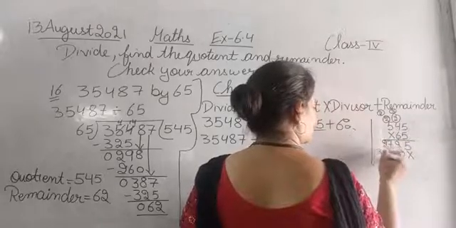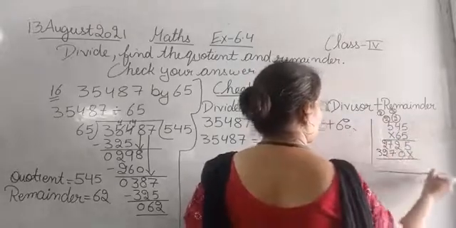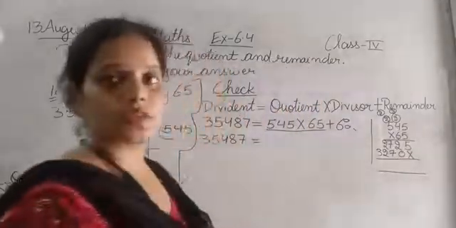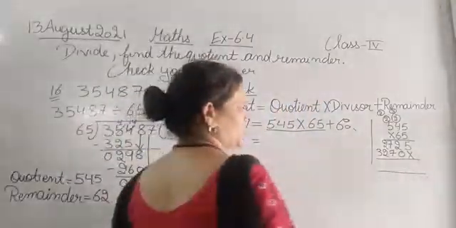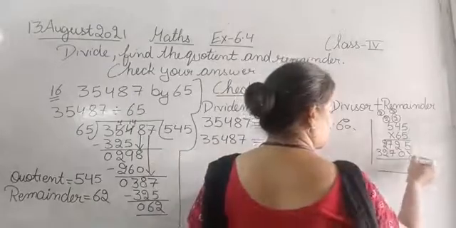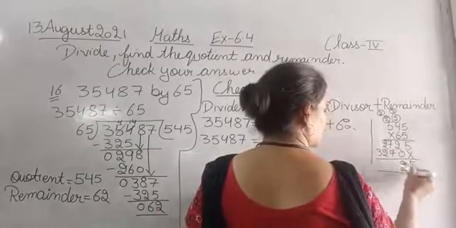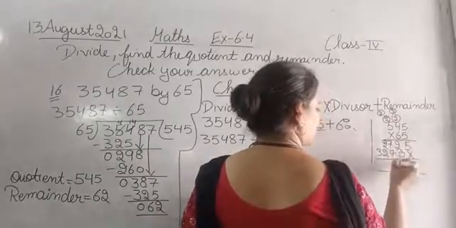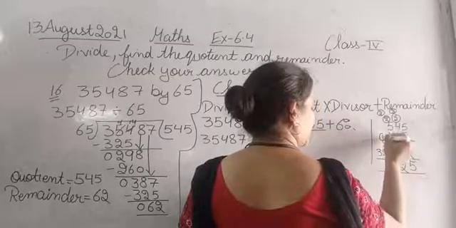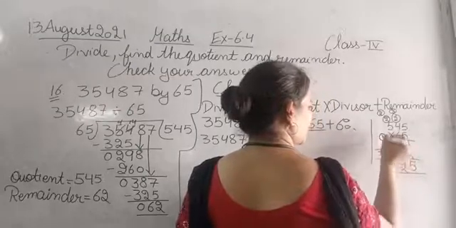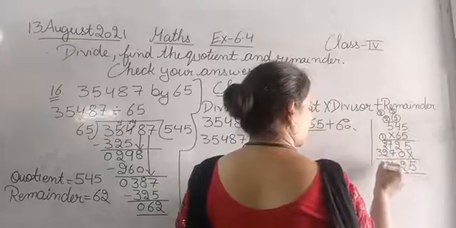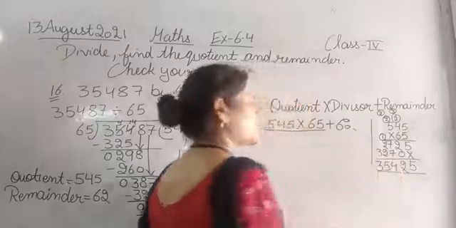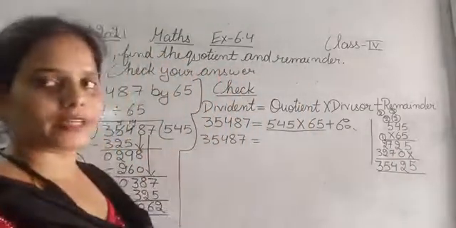Now just calculate the product after multiplication. This is 5, 2, 7 plus 7, 14, 1 will be carried above, 2 plus 2, 4 plus 1, this is 5 and 3.